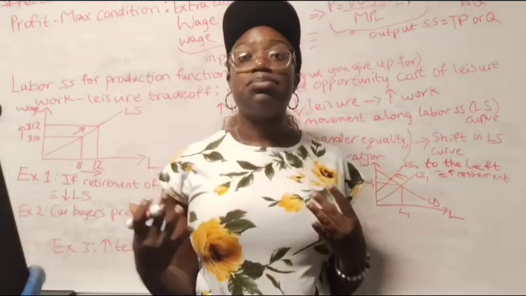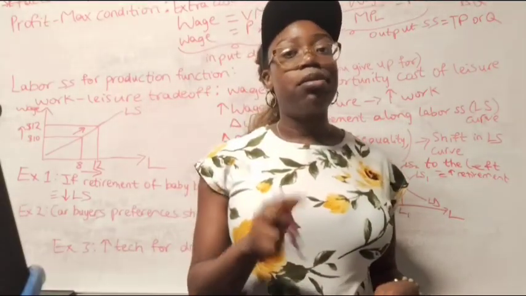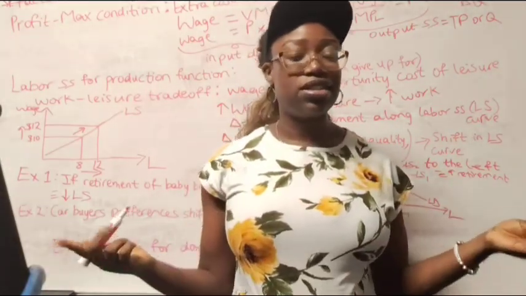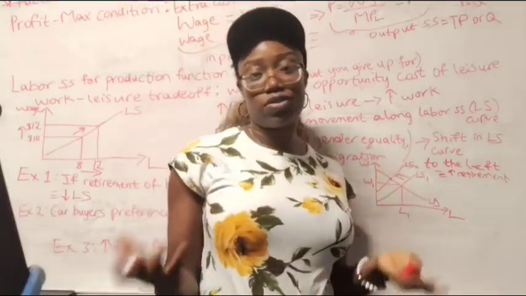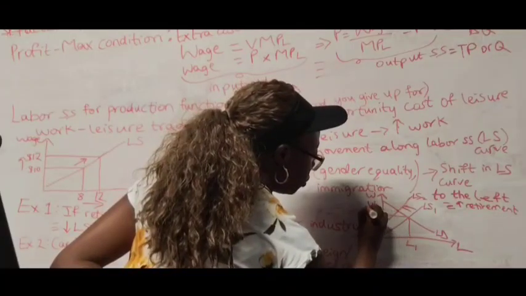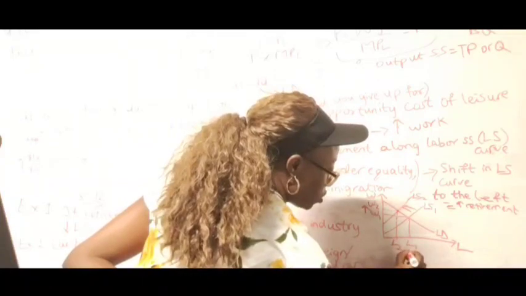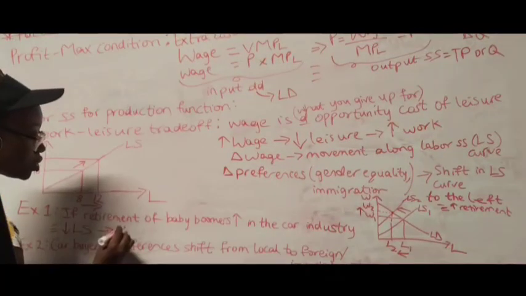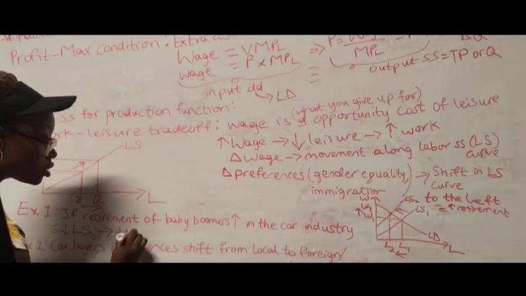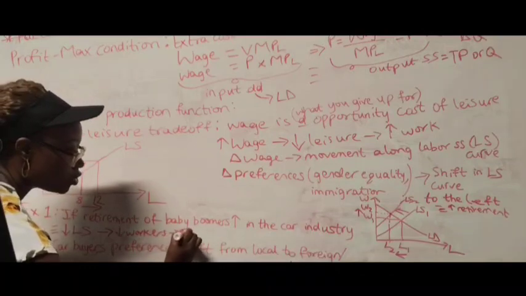So there's going to be higher demand for the fewer workers available. And remember that scarcity leads to an increase in price. In this case, the price here is the wage, which is the cost of the labor, right? Therefore, your wage is going to go up, and your labor supply is going to reduce. And what this leads to is reduced workers, and that in turn leads to increased wage.